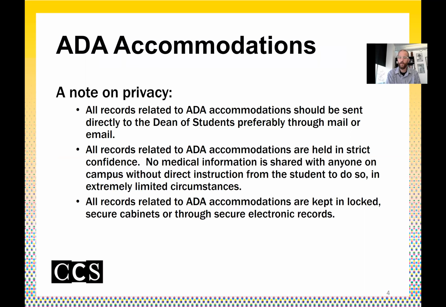When accommodations are communicated to the appropriate faculty and staff on campus, no medical information is shared with anyone on campus without direct instruction from the student to do so. A typical accommodations email will likely include simply your name and what accommodations are being provided to you in the classroom. We do not provide any medical information, diagnoses, or symptoms unless you specifically ask me to do so.